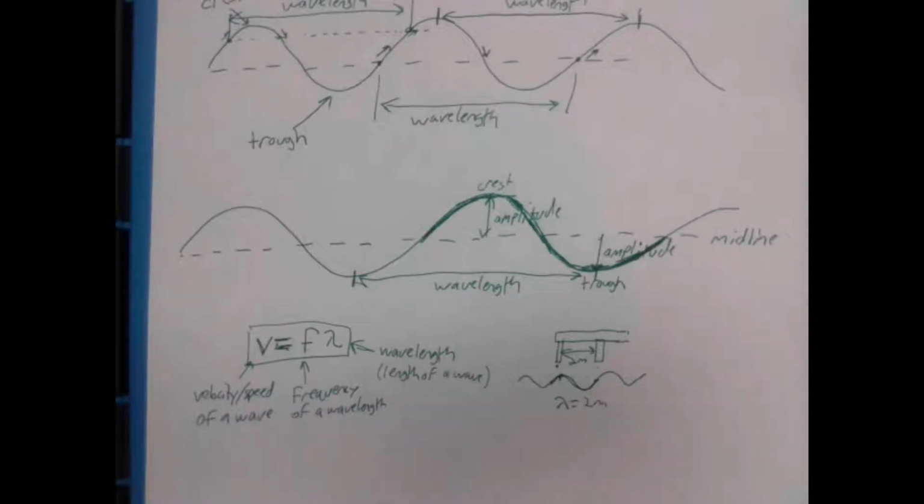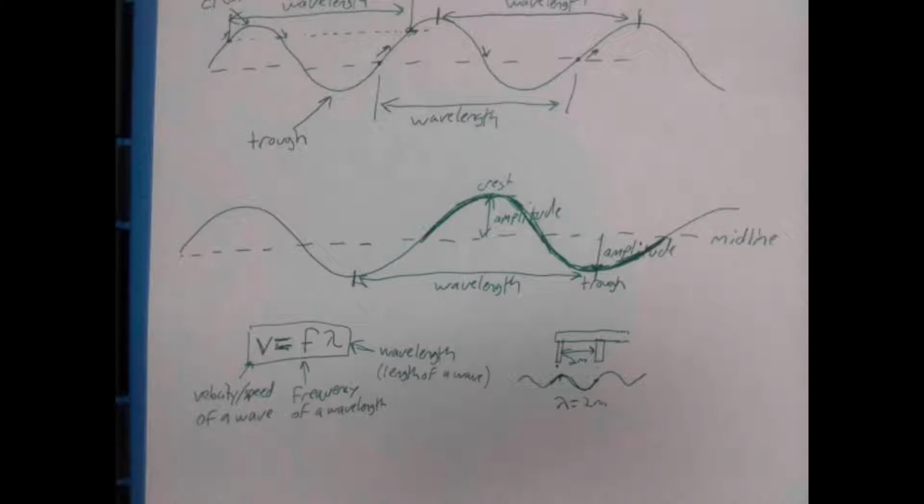So it's oscillating down and then back up at a rate of one oscillation every second. That means the frequency is 1 hertz. How many times something happens every second?